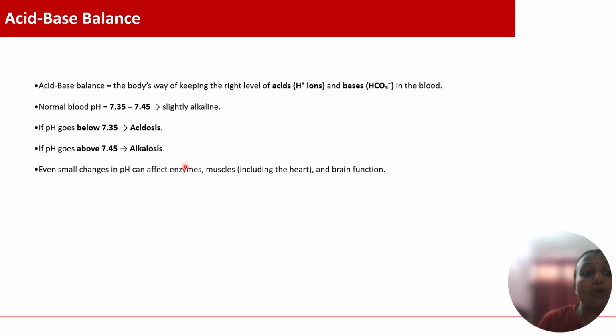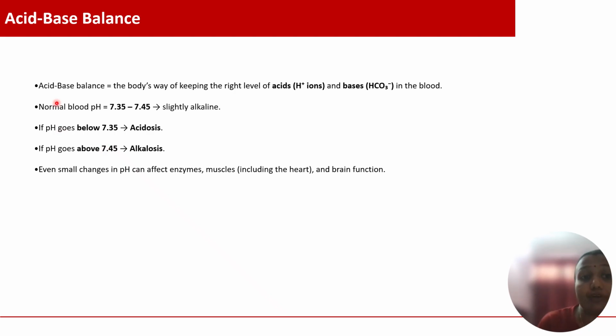Is the patient getting enough oxygen? Is the breathing normal? Is the blood becoming acidic or alkaline? Are the lungs functioning properly? Are the kidneys compensating? To know all these things, we need to check the ABG analysis.